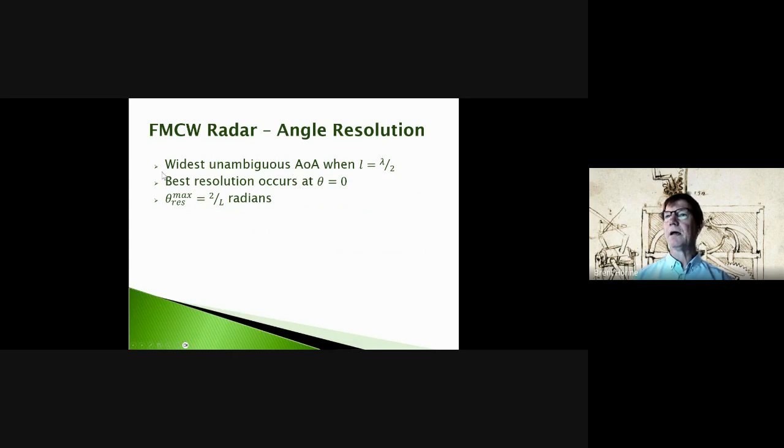And we have this widest unambiguous angle of arrival when L equals lambda over 2, lambda by 2. I didn't actually derive that for you. That's fairly simple. Again, you're looking at the unambiguous range.